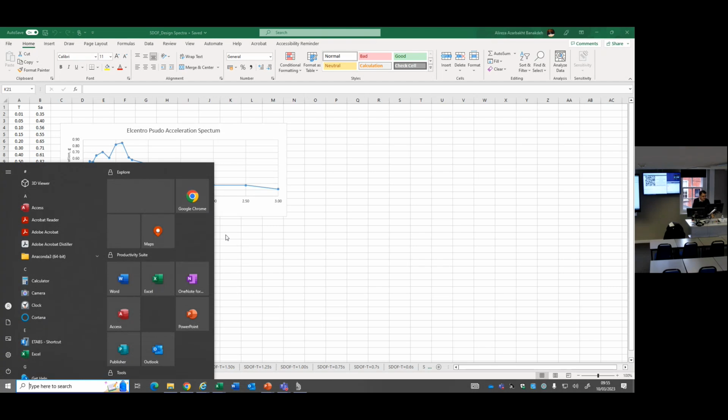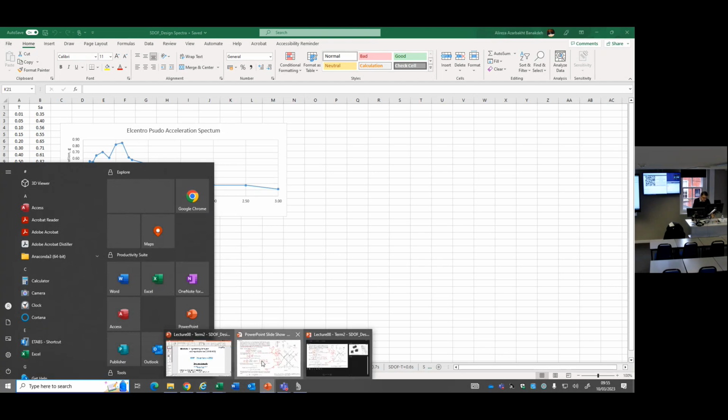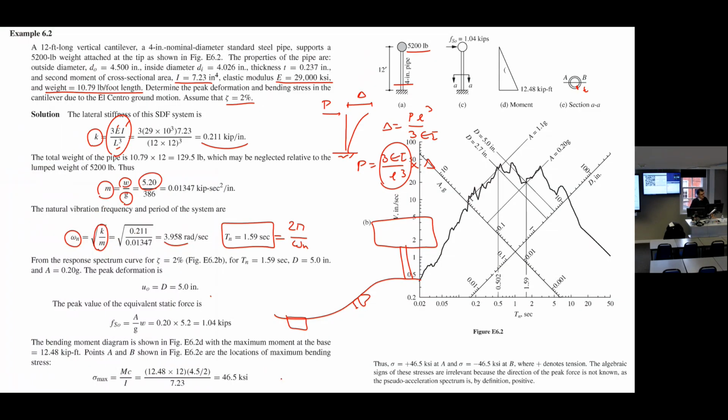Let's get back to the book. If you realize, the book has taken 0.2 g as well from that graph, because it's from El Centro and our Excel is from El Centro as well. We are doing the same thing.